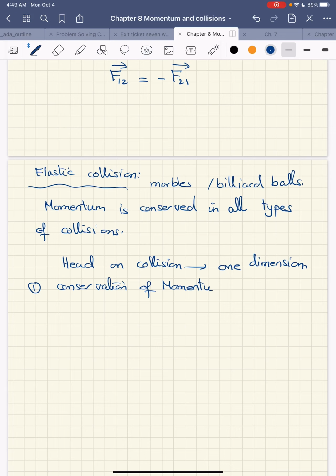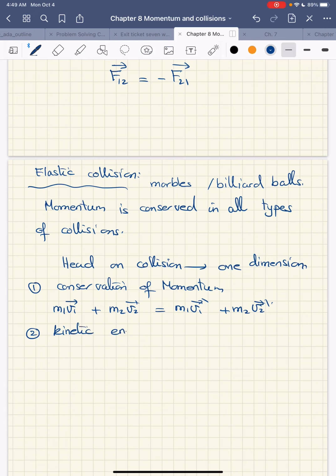And this is translated to this equation, m1 v1 plus m2 v2 should equal mass 1 v1 prime plus mass 2 v2 prime.